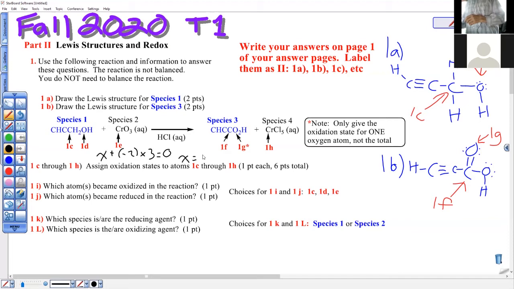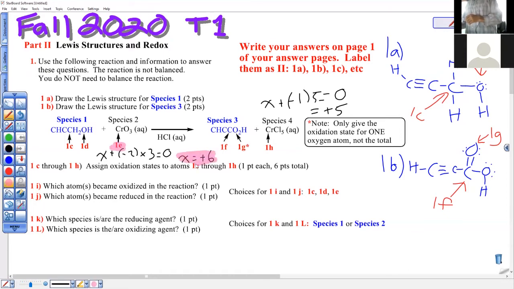X equals +6. And when you're done, X again plus Cl, there's -1 times 5 equals 0. It's a neutral species again. X is +5. So we're looking at, that's 1E.